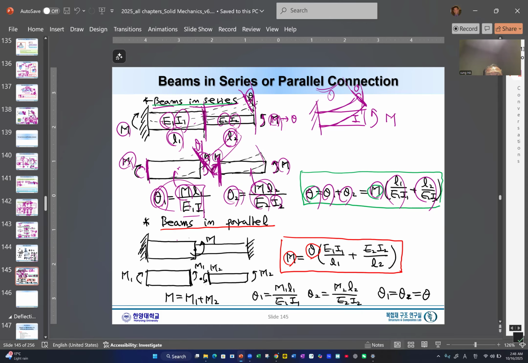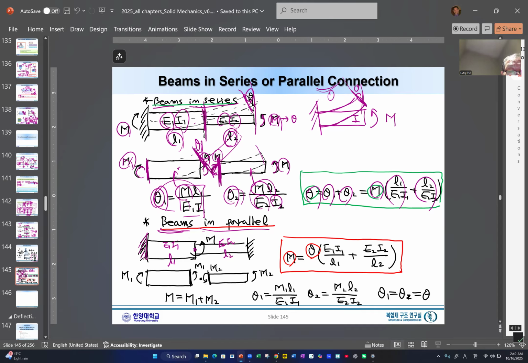Now, this is called beam in series, and another case is beams in parallel. Okay, in parallel, say we have it clamped on the left hand side, and on the right hand side, we have the same as this one, E1, I1, L1, E2, I2, and L2.